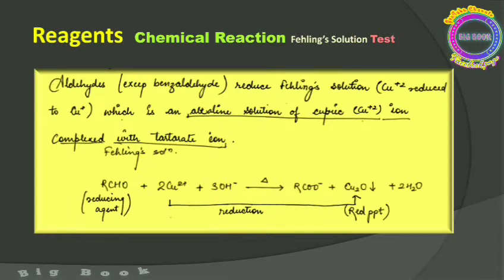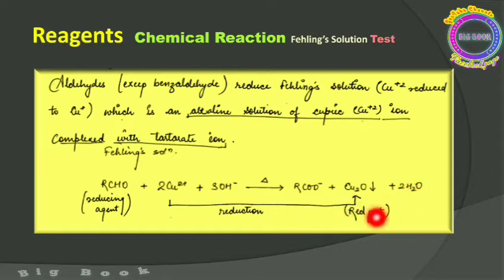So here is the reaction of RCHO with 2Cu2+, SO4 2-, and 3OH minus, and it is going to give rise to RCOO minus plus Cu2O plus 2H2O.